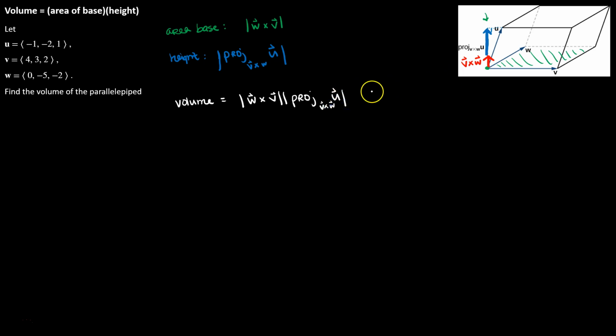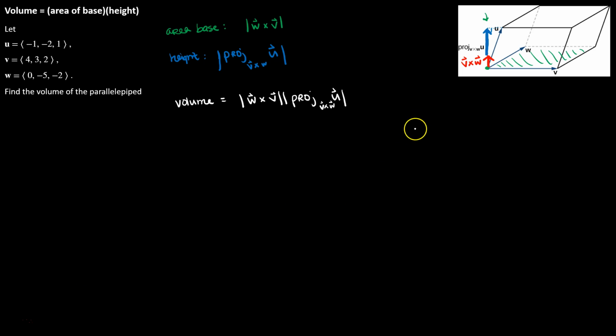But maybe we don't want to calculate each of these separately and then multiply them all together. If there's a substitution that we could make to simplify things, then maybe that's what we should do. So let's take a look here. We could replace the magnitude of the projection with the shortcut that we use for that.